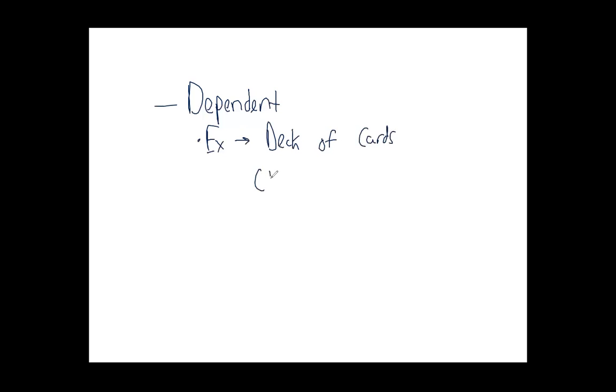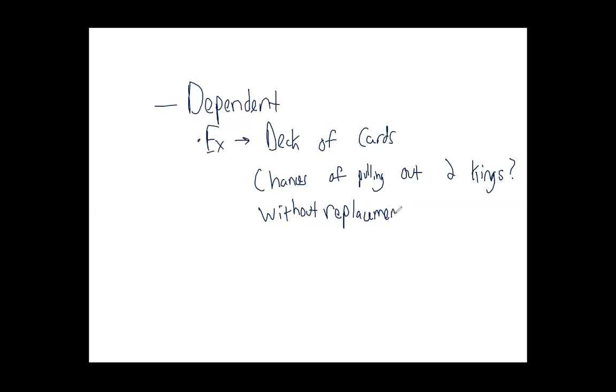What are the chances of pulling out 2 kings? Right? What are the chances of pulling out 2 kings? And it might say this keyword or key phrase, without replacement. That means we're not going to put a card back in the deck when we pull it out, right? We're going to pull it out, and then we're going to pull another one out, okay?